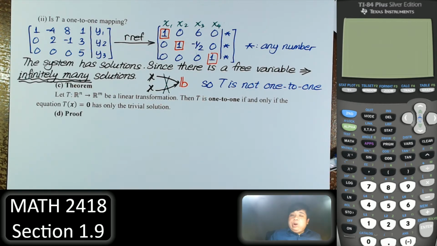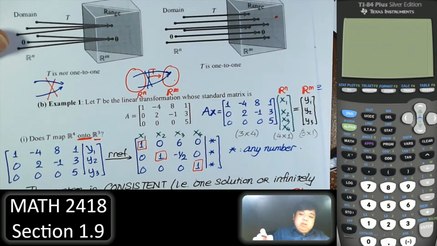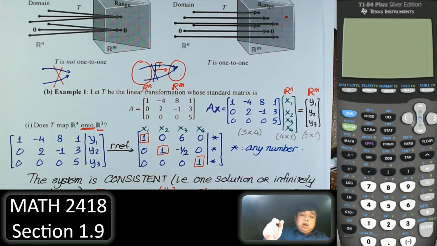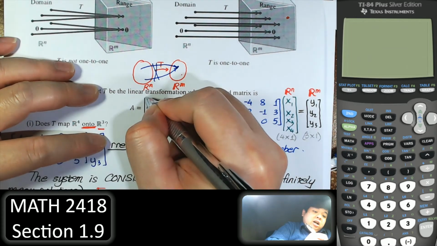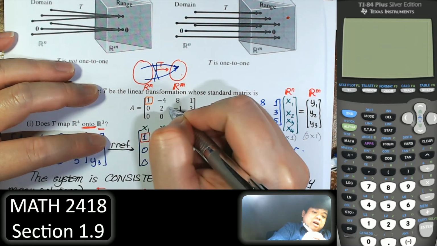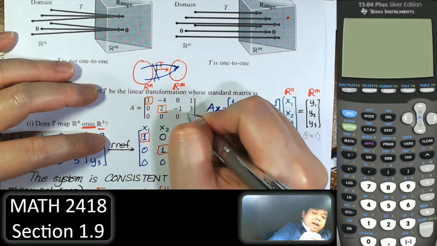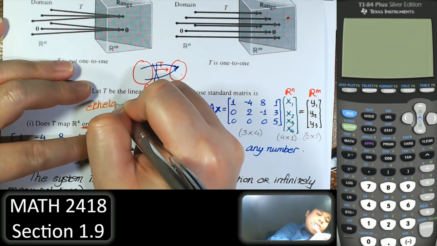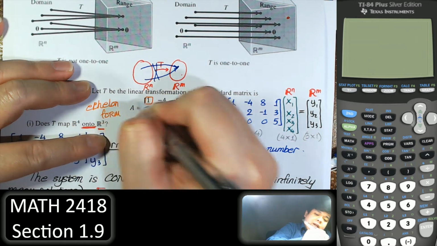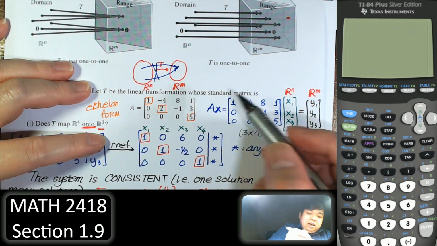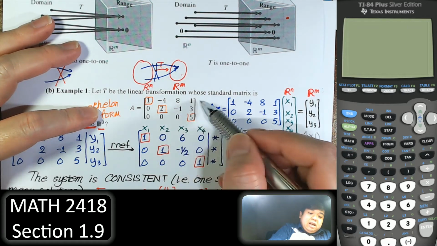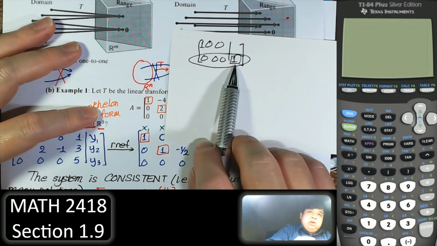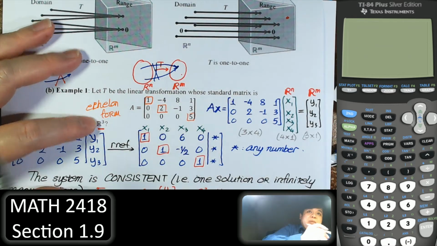But before we go to the theorem and others, I just want to point out that we don't even have to do the reduced row echelon form, because what we have here is row echelon form. We do have the leading zeros, so this is in echelon form. There's a pivot in every row, so we don't have that scenario, which means we have a solution.